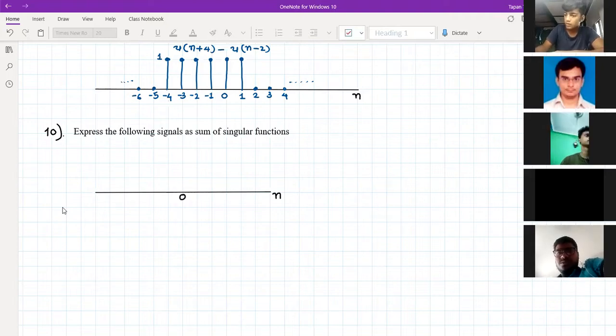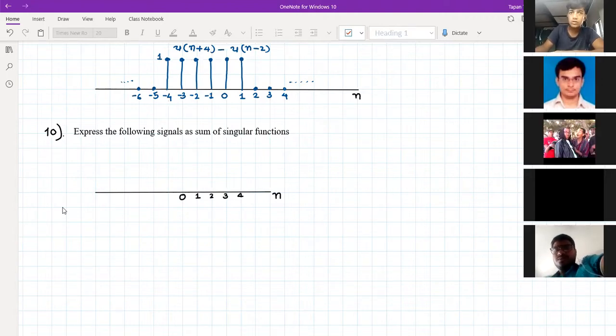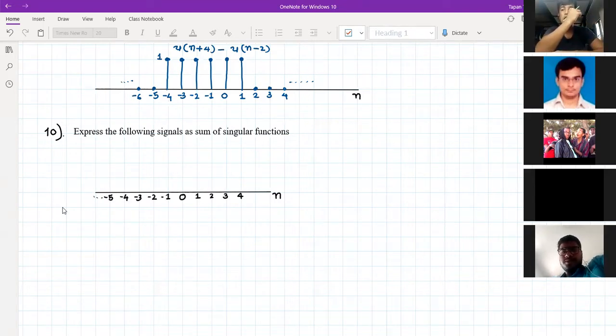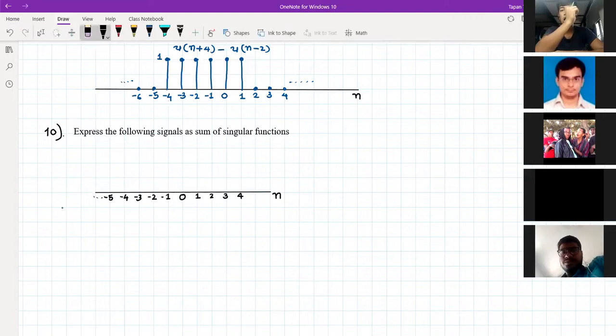Fine. So let us begin with this: 0, 1, 2, 3, 4, -1, -2, -3, -4, -5, and so on. And then it is defined from -2 to 1.